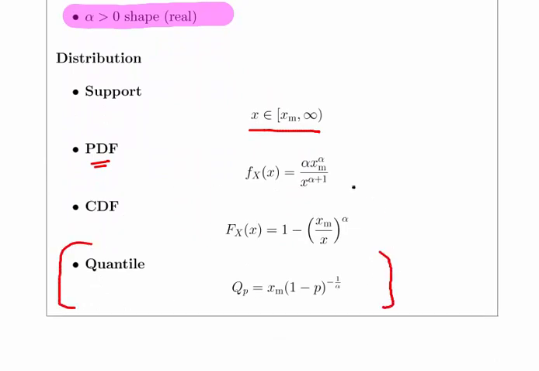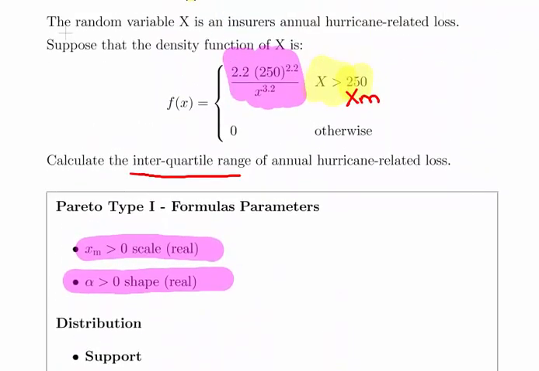Now, first off, this bit's important here. We have to decide, is it the Pareto type 1 distribution? So, alpha times xm to the power of alpha. If alpha is 2.2 and xm is equal to 250, alpha times xm to the power of alpha, that fits.